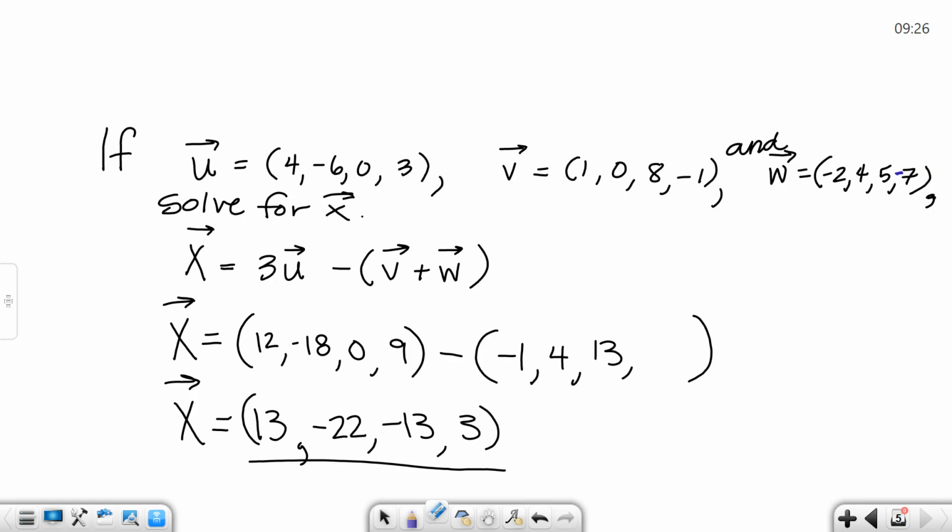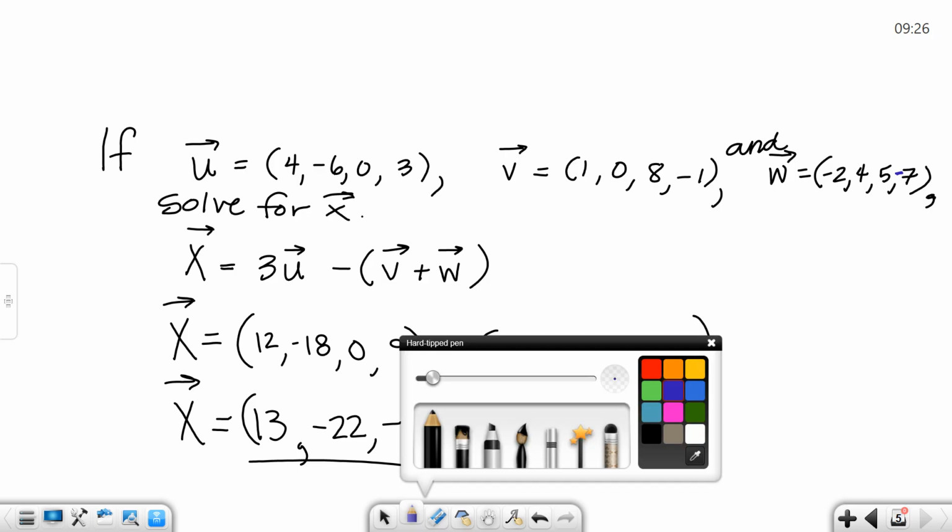V, we're adding them, so it's negative 1, 4, 13. This is a negative 8. So the only thing that's wrong is that last little digit. So now I've got a 9 minus a negative 8. 3u, 9 minus a negative 8, which should be 17, I believe.